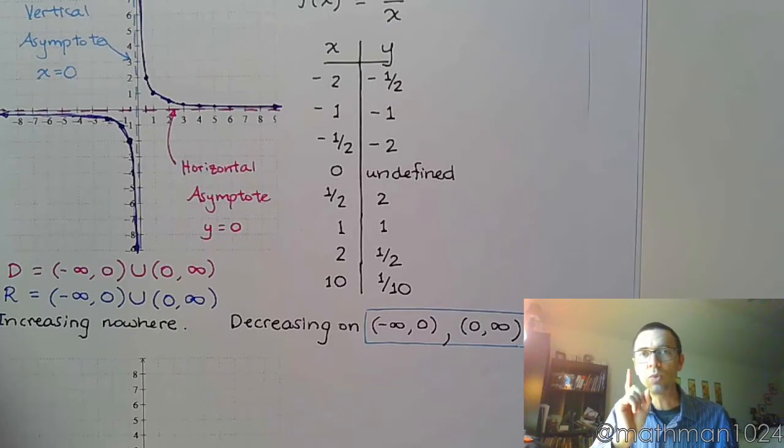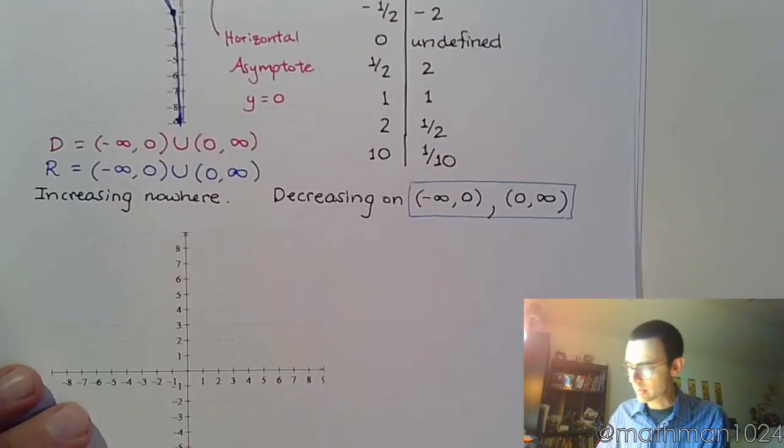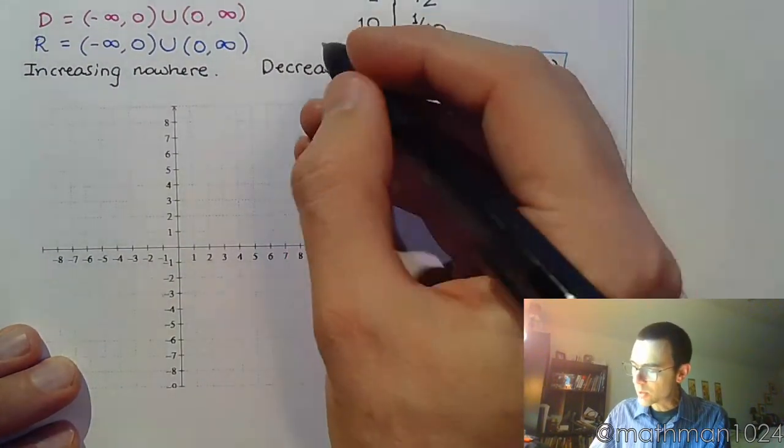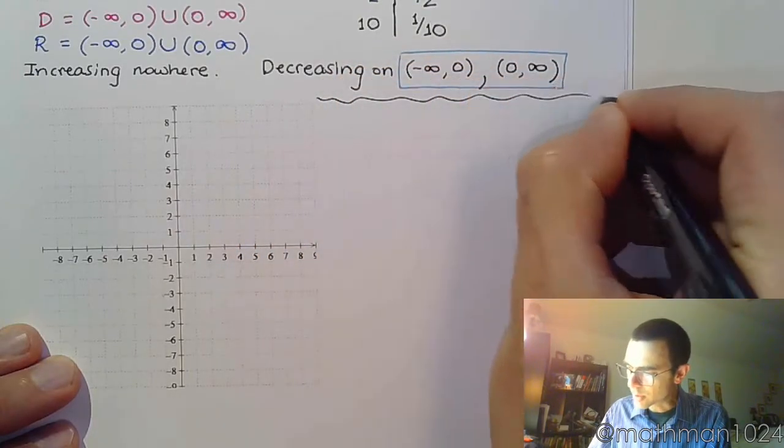All right, so we have one more function to look at, and that is going to be the reciprocal squaring function. All right, so we're going to do the same stuff that we just did, now for the reciprocal squaring function.